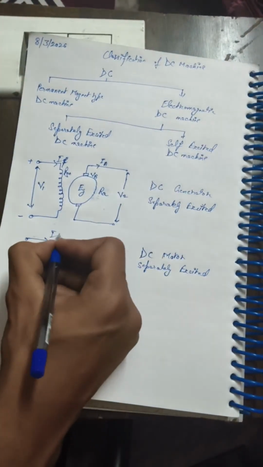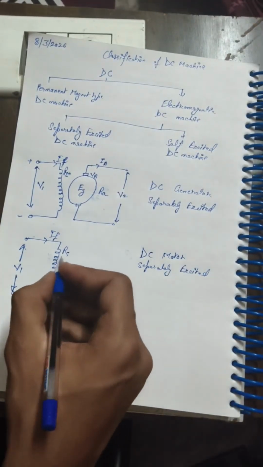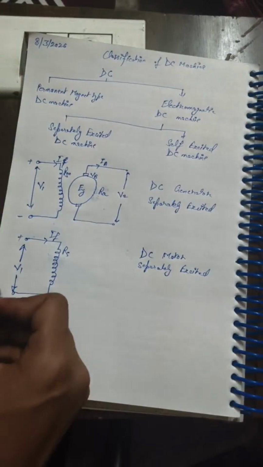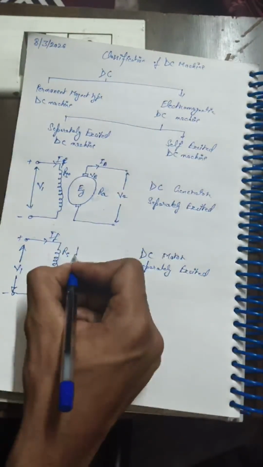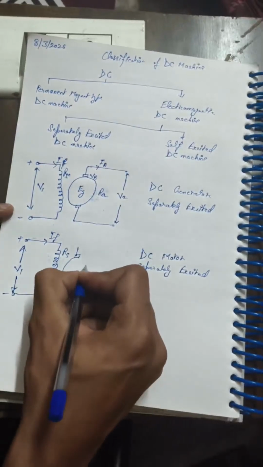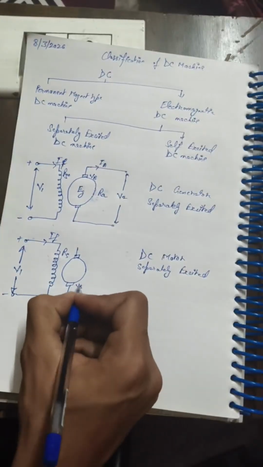The current flowing through it is IF, the resistance is Rsh, and the voltage is V1 across the field winding. Now the armature has brush drop VB.